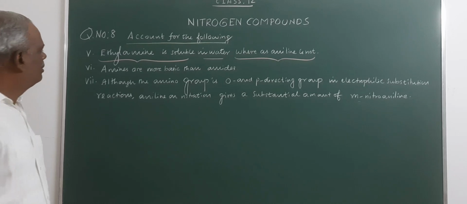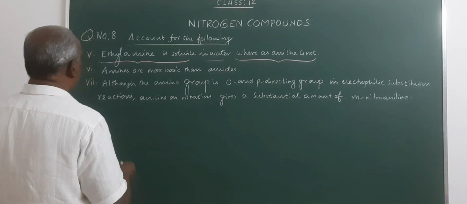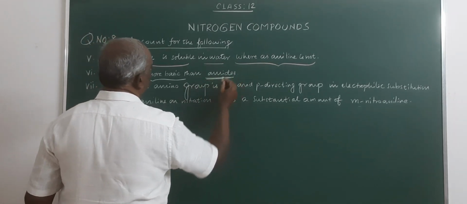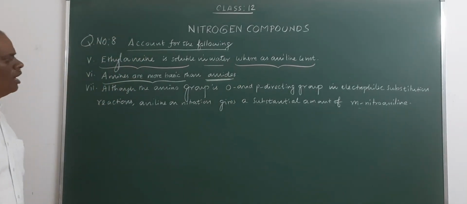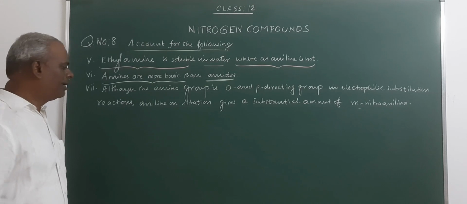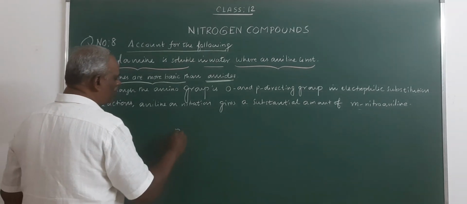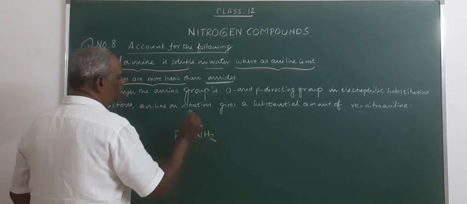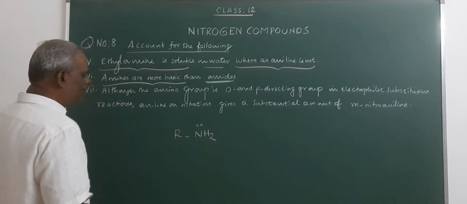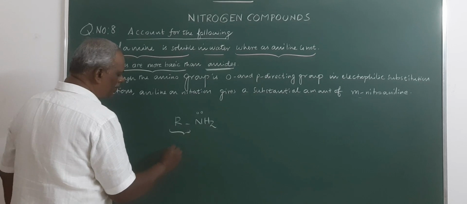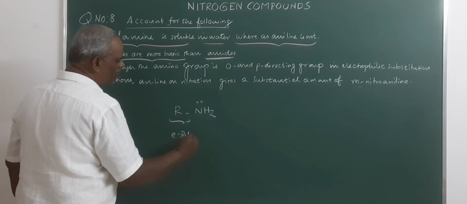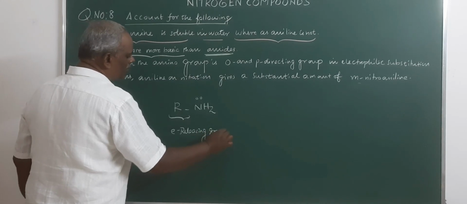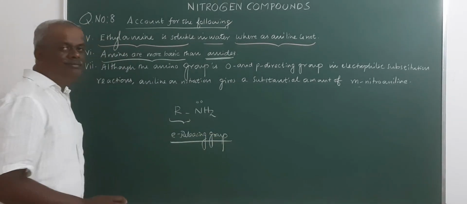Likewise, see the other question. Amines are more basic than amides. Amines have the general formula RNH2. The lone pair of electrons is there. The alkyl group is an electron releasing group, so that can release electrons towards the nitrogen atom.